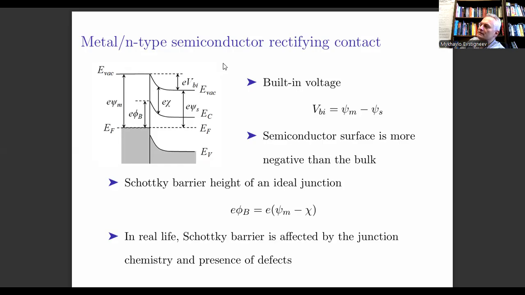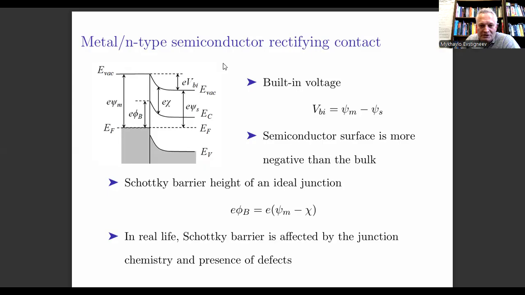This phenomenon is called the pinning of Fermi energy to the surface states. So the size of the band bending becomes determined not just by the difference in the semiconductor and the metal work functions, but by the surface states, due to this Fermi level pinning effect.